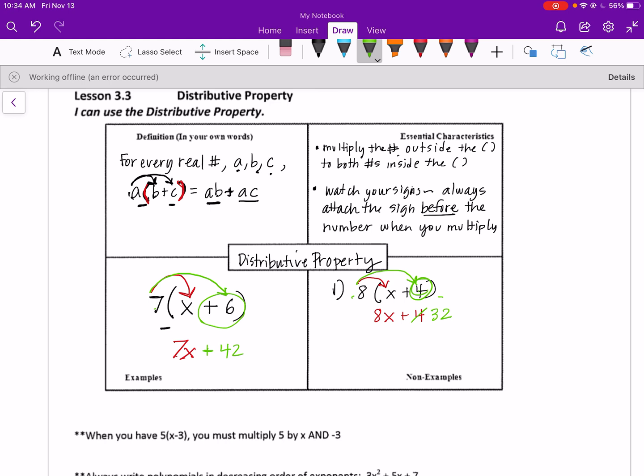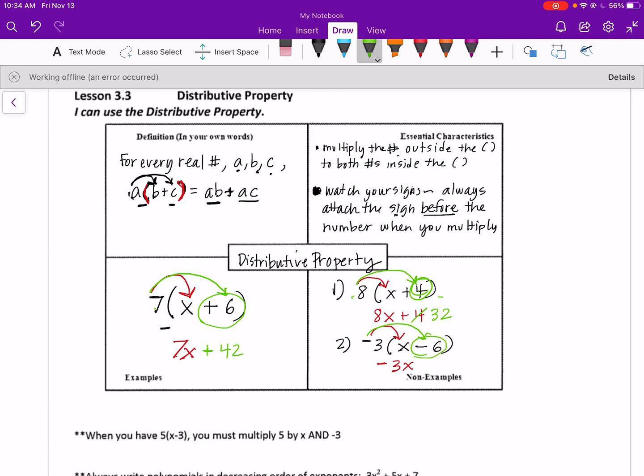The other biggest mistake I see students making has to deal with watch your signs, the second part that we talked about. It would be something like this, -3 parentheses x minus 6. And so they distribute -3 times x, and usually they're not too bad there. They get -3x. But here, it's a -3 times a -6.